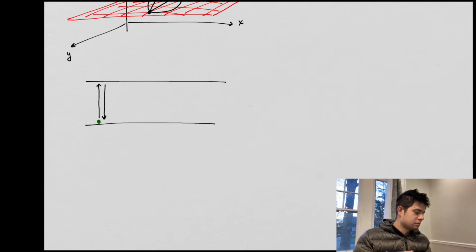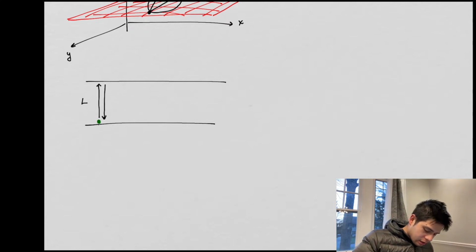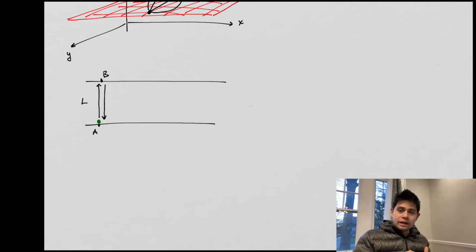Or he actually has a pulse of light, right? So the person is holding this little flashlight, and the flashlight takes some time to go a distance L. This is point A, this is point B. So the distance to go from point A to point B is L, and from point B back to point A is L. So the total distance traveled is 2L.